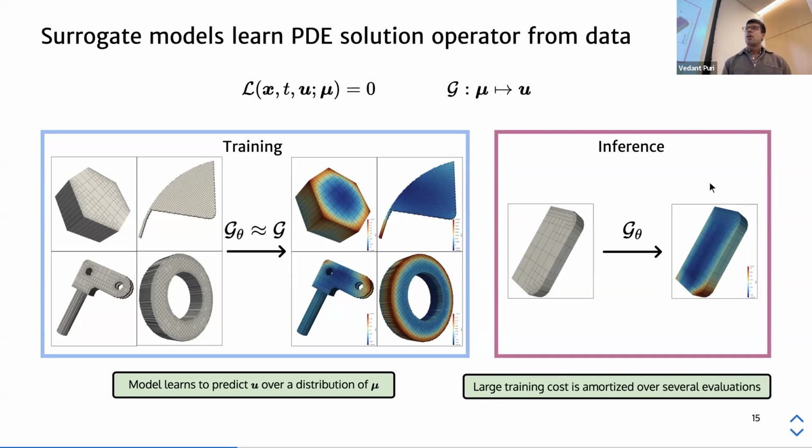When you have that, you evaluate your model in an online inference stage by showing it novel parameter points and asking it to evaluate the corresponding solution field.